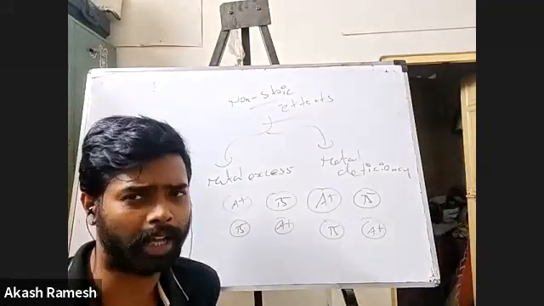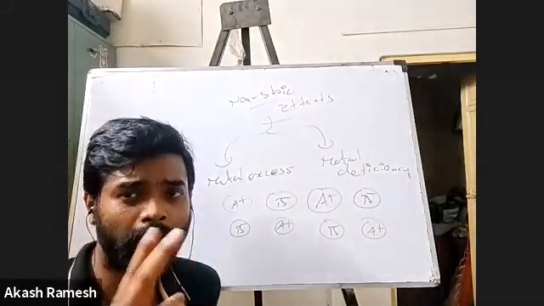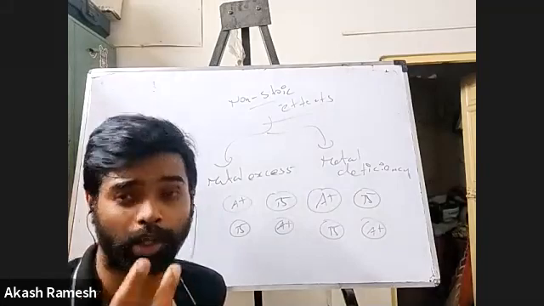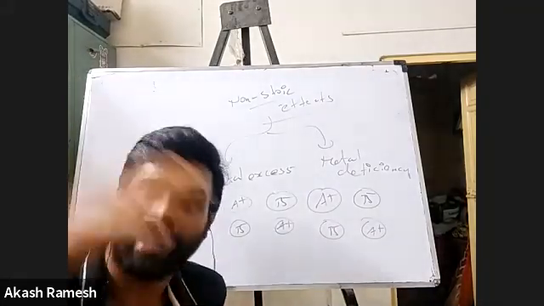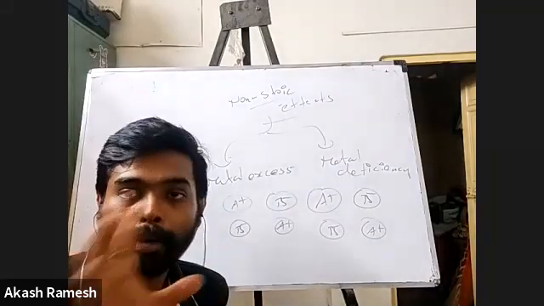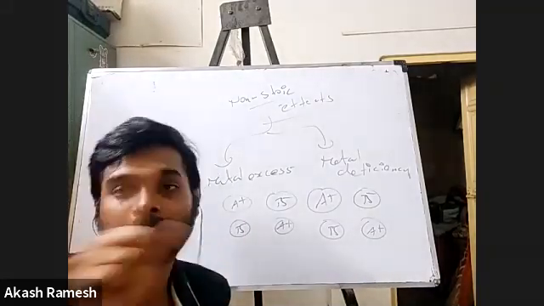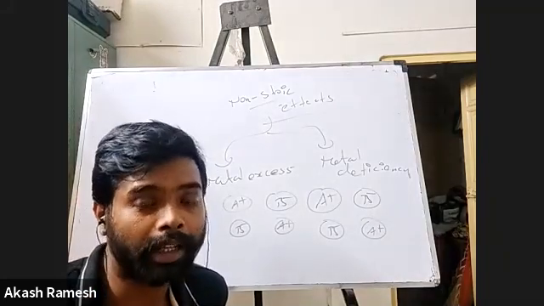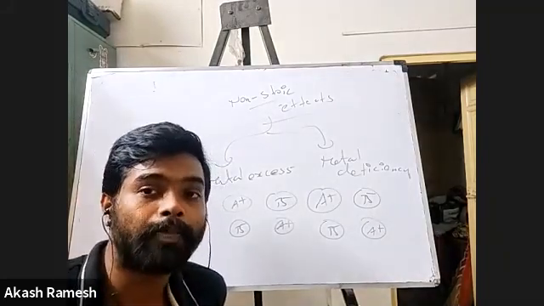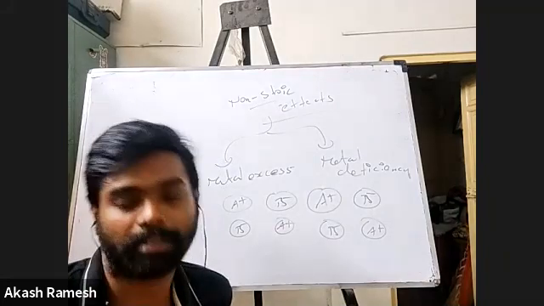Please understand, metal excess can be visualized in 2 ways. One, there is actually a metal excess: the number of cations is greater than the number of anions. The other way of looking at it is that the number of anions is less.